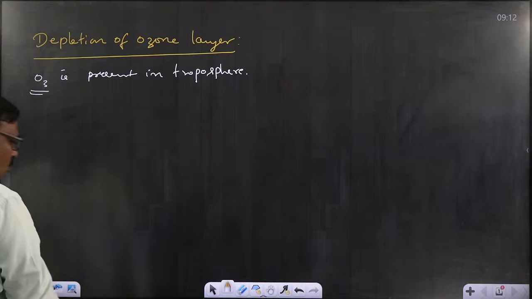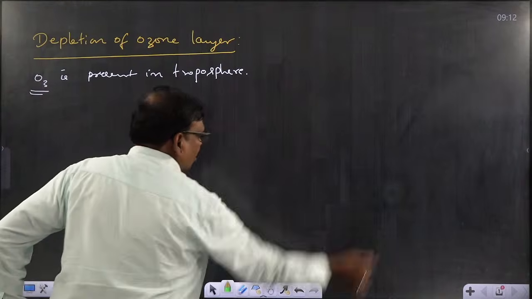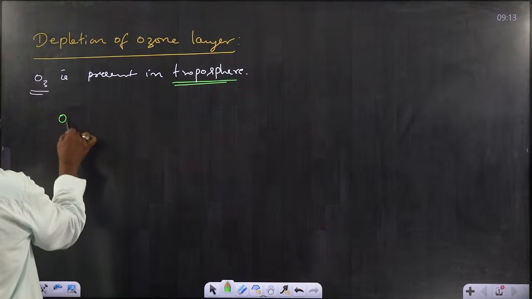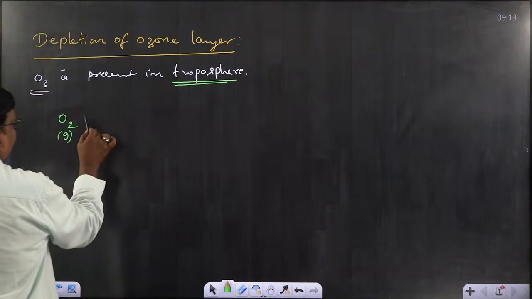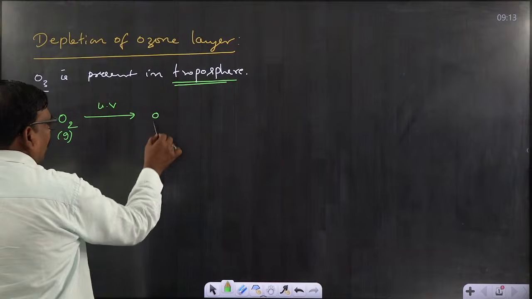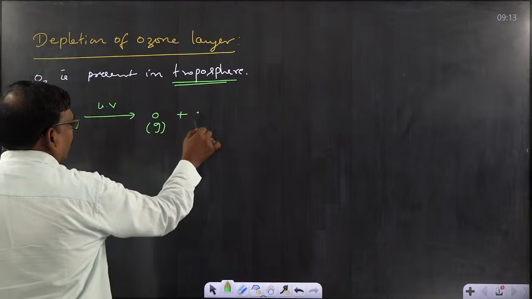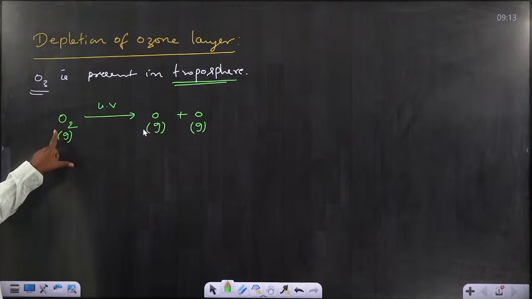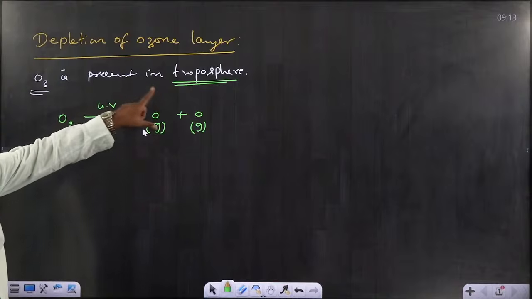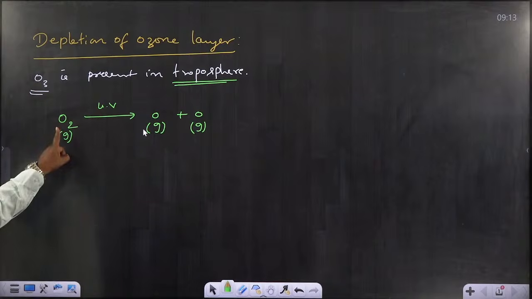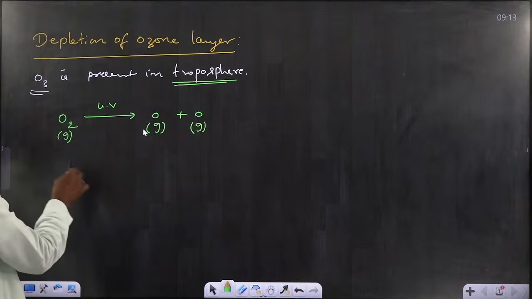Let us discuss how ozone is produced. First of all, oxygen gas will absorb ultraviolet radiations and produce atomic oxygen. Oxygen is present in atmospheric air. By the use of UV radiations, that oxygen molecule dissociates to give oxygen atoms, that is atomic oxygen.